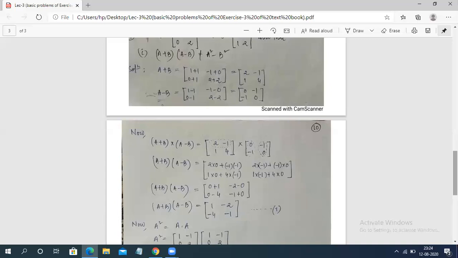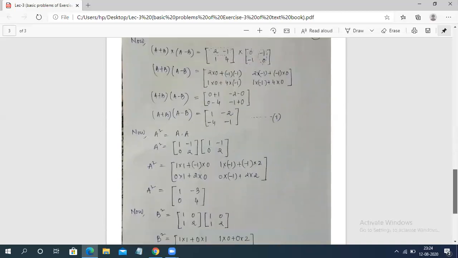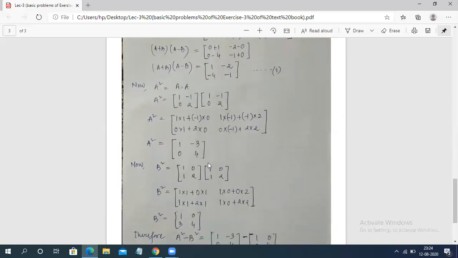Okay. Next, you have to find the value of A square. So A will get multiplied with A. So write here A into A. Again, first row with first column and first row with second column will form the first row of the matrix A square.